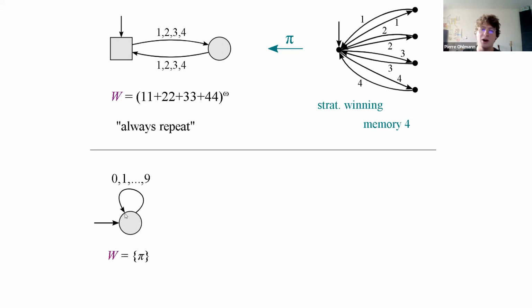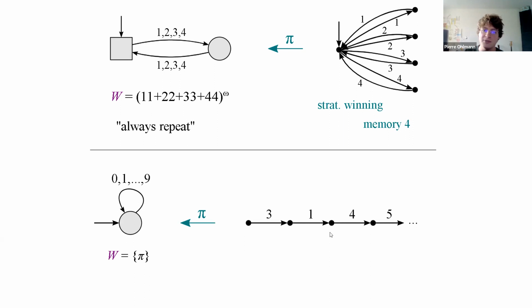Okay, here's another one, kind of similar to what you said. Eve can choose in each round a digit, and we win if we choose the digits of pi. Here's the strategy. Here's a typo that I forgot to correct. So this should be a 1, and this is supposed to be the digits of pi. So we win, right? The strategy is just, I'm going to pick the right digits again and again.